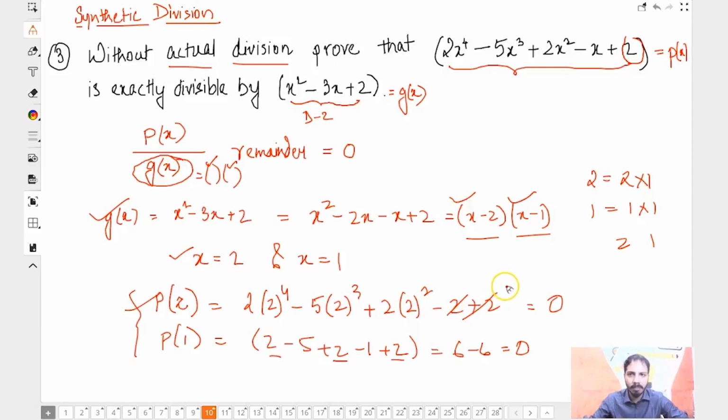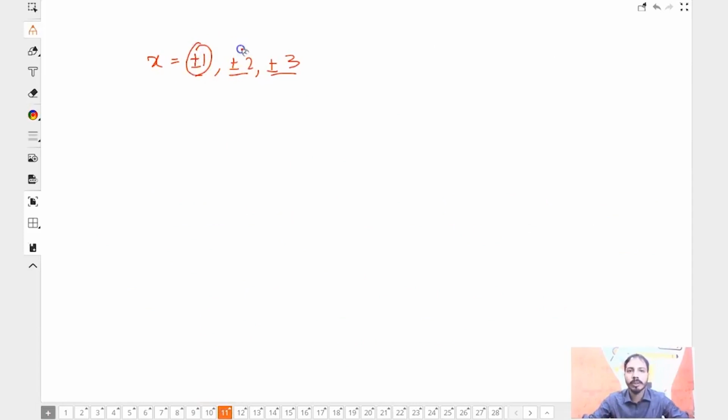For example, here you see 2 and 1. These are the factors of this. 2 can be written as 2 into 1, so the factors are 1 and 2, and you just have to check plus minus 1 and plus minus 2.